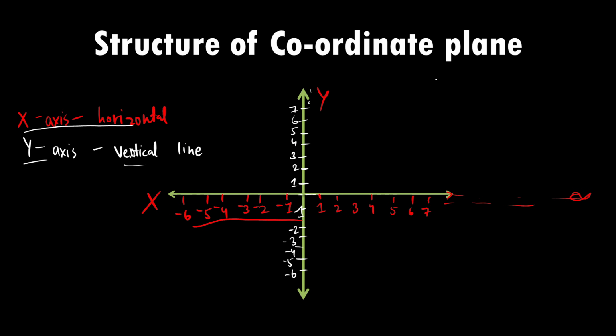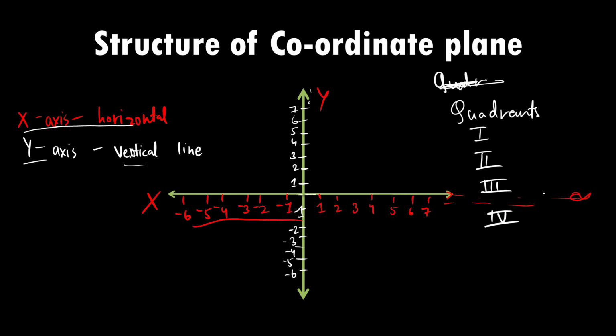Quadrants. There are 4 quadrants: first, second, third, and fourth. So we are going to see all of these. Let me just mark these.